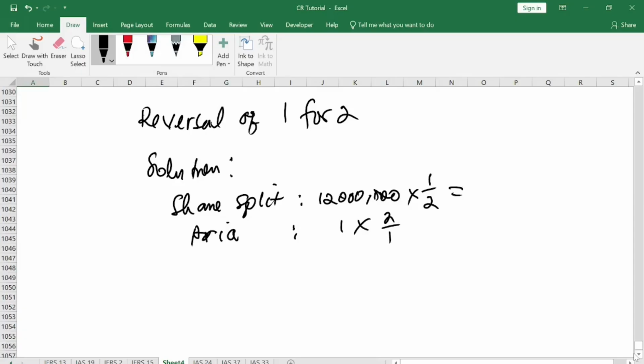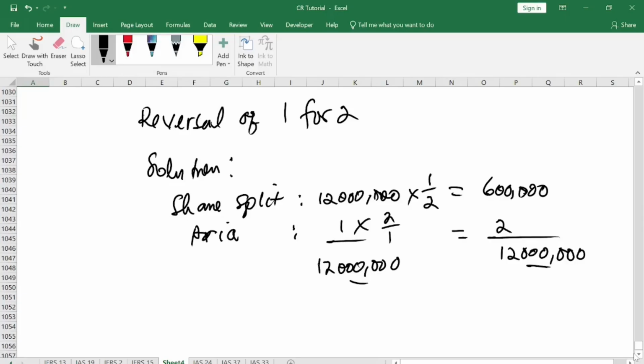So at the end, you have 600,000 shares and a price of 2. So at the end of the day, it will give you the same value. When you multiply, this will give you 12 million. This is what we call reverse share split.